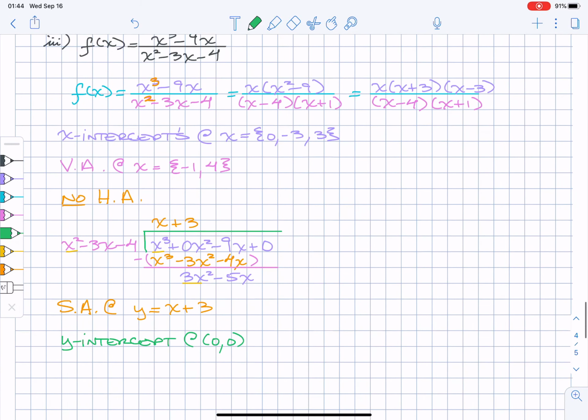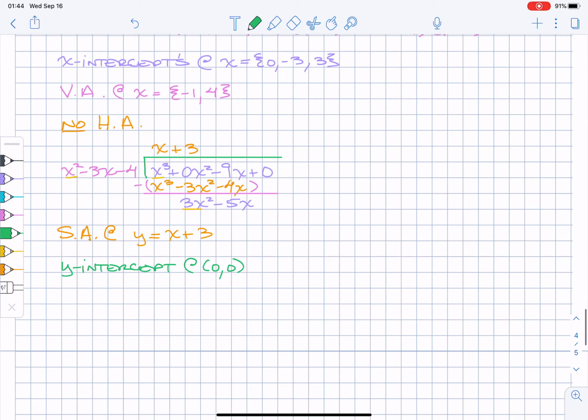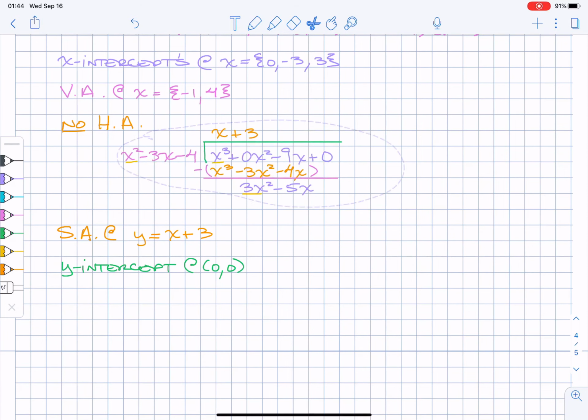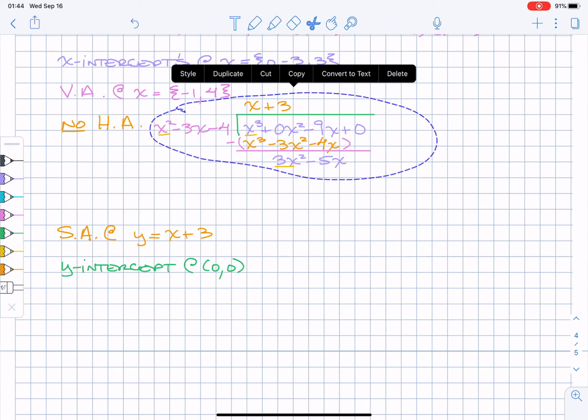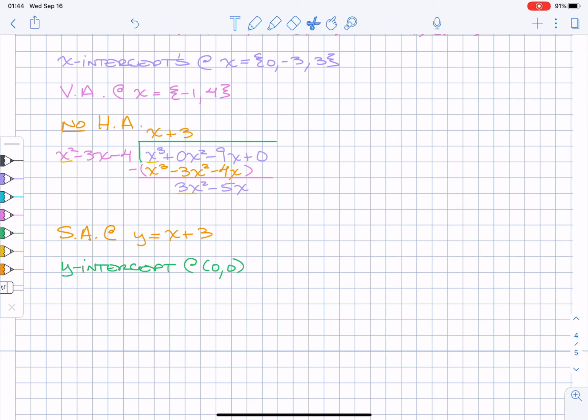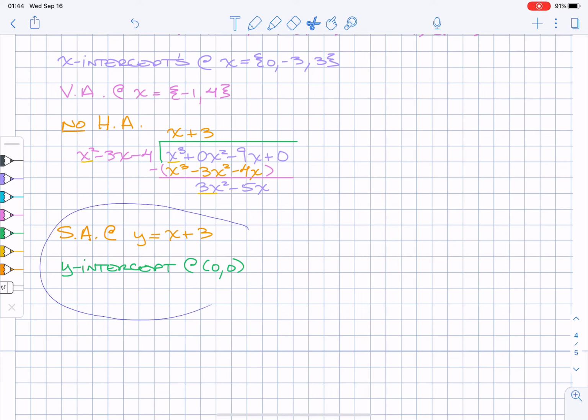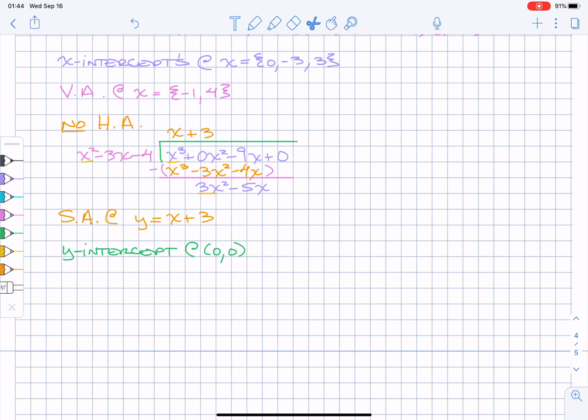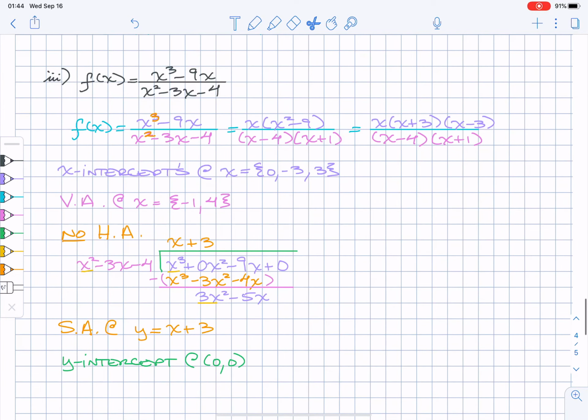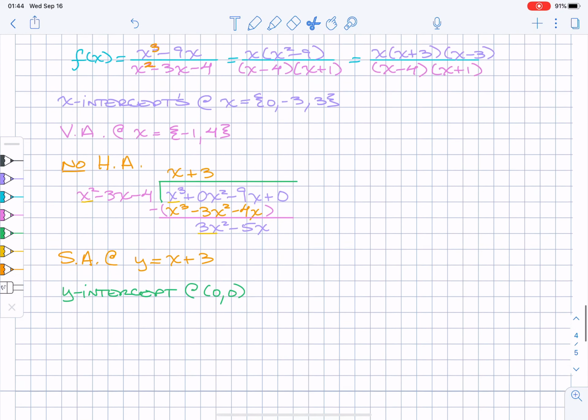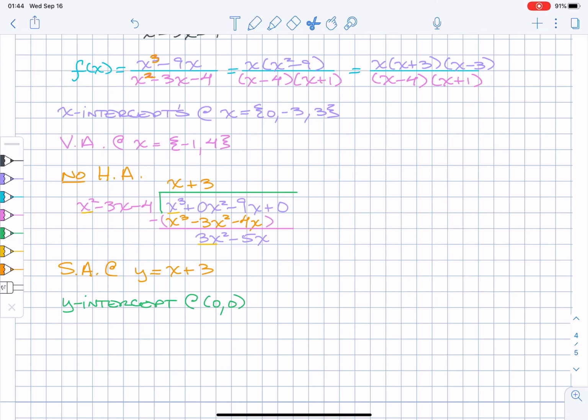Okay, let's see. Wonder if I need more room. I'd like to fit this on here. Will I be able to? One, two, three, four, 5. I have 5. I don't know if I can.